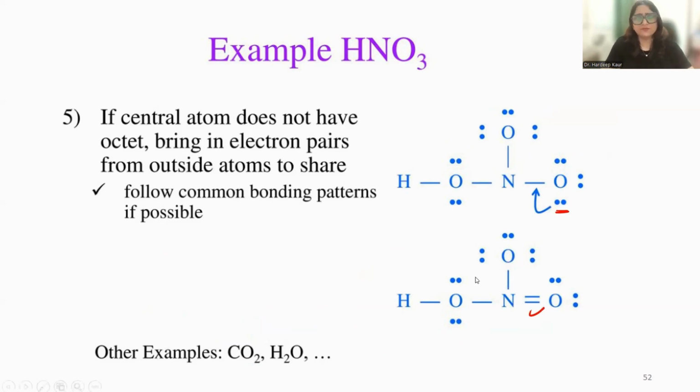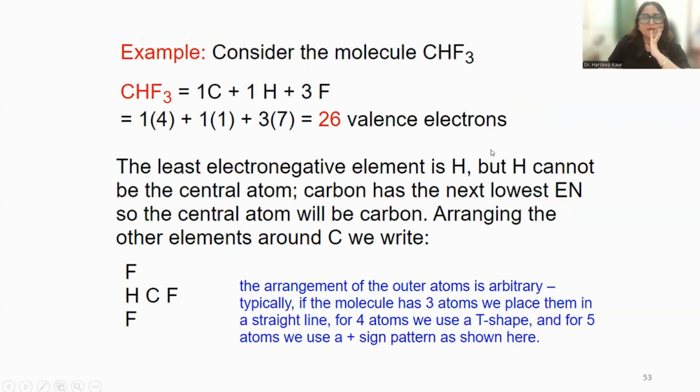It is a common bonding pattern, so that it can complete its octet. Here it is 1, 2, 3, 4, 5, 6, 7, and 8. You can represent it, but if you want to make these 2 electrons like this, you can use them. So these are the examples that you can go for.